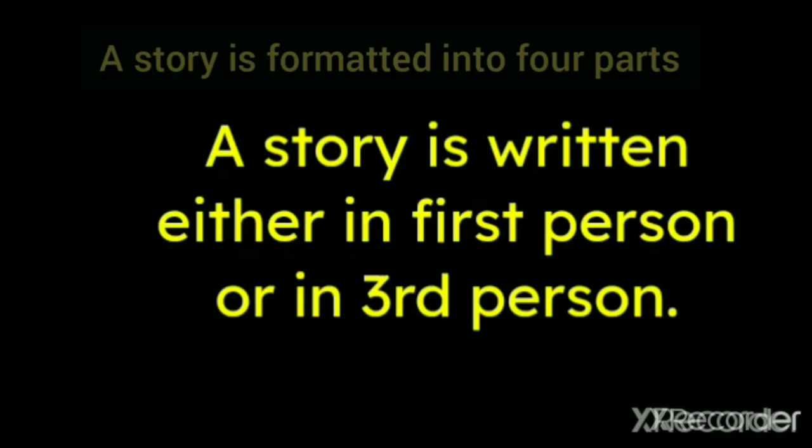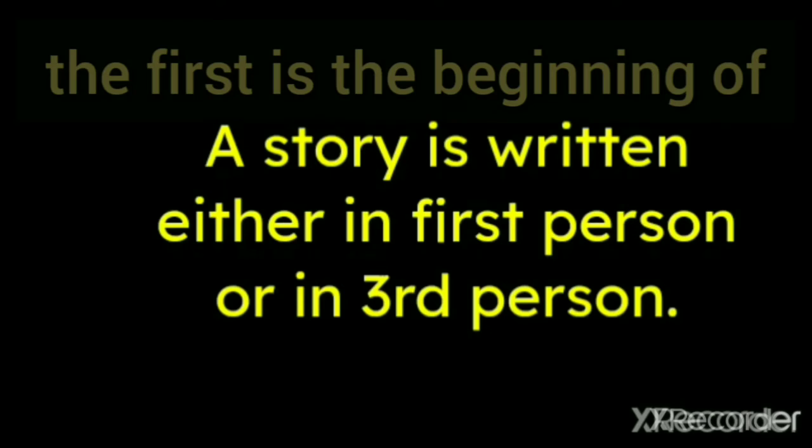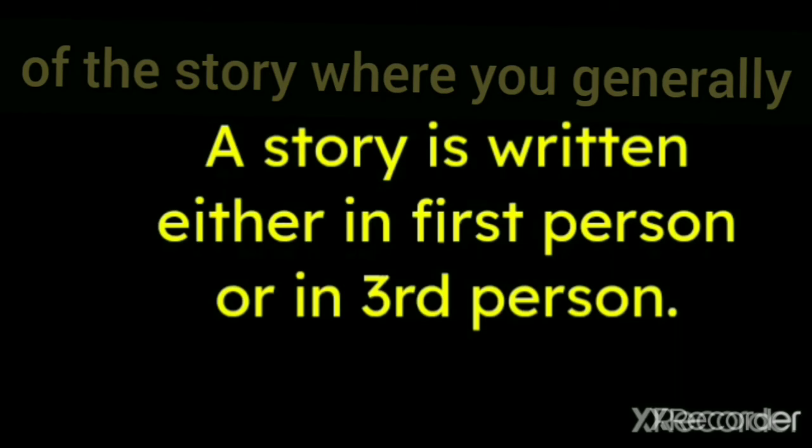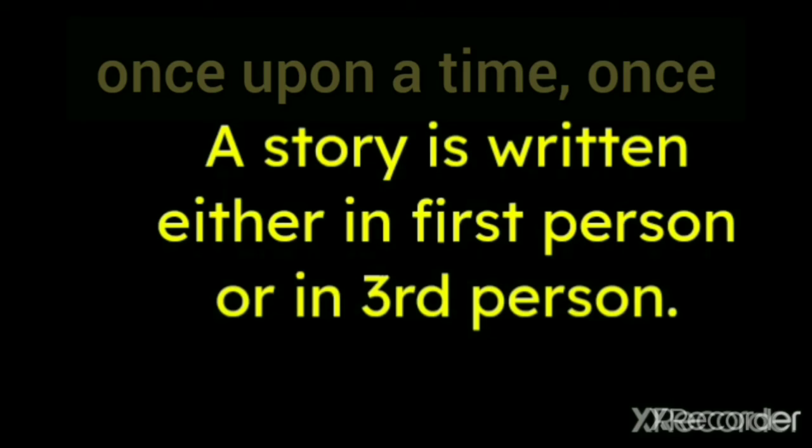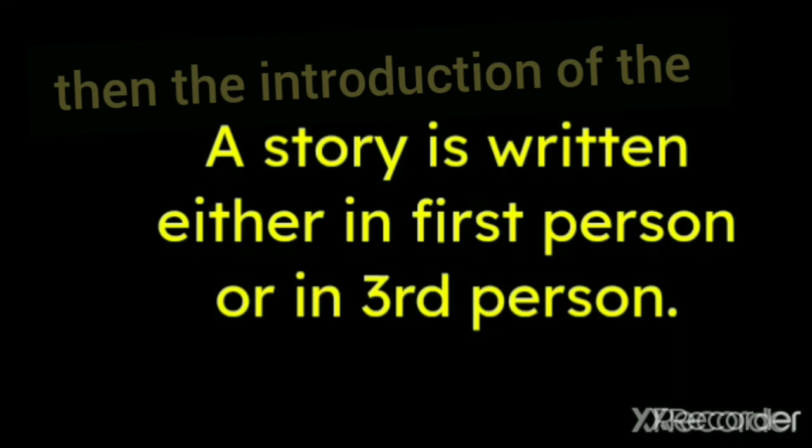But when you are writing a story in the third person, then there is a lot of conversation and dialogue between the characters of the story, as I taught you yesterday, in the second part of the story, to introduce the characters. Generally in a story there are characters such as a cat, a tortoise, all the characters that you have mentioned in the story. There might be dialogue or conversation between those characters.